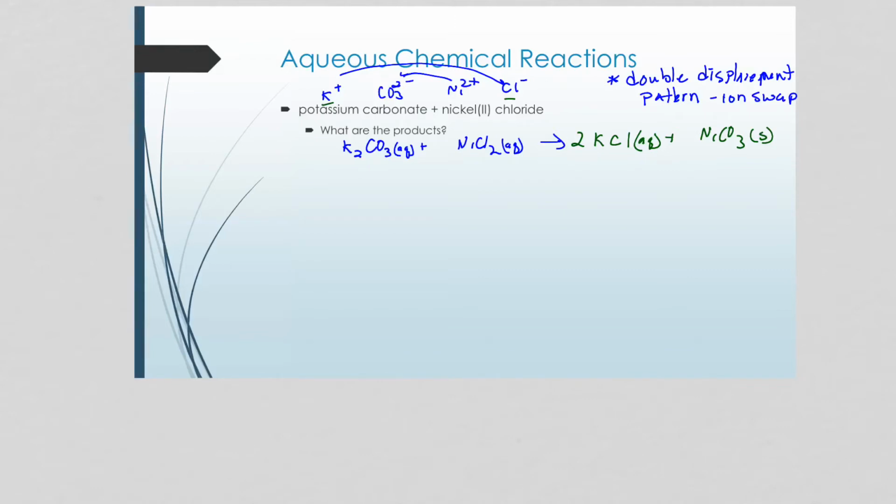We have the nickel ions from the nickel chloride combining with the carbonate ions from the potassium carbonate to give you solid nickel carbonate. This is what we call a precipitate.